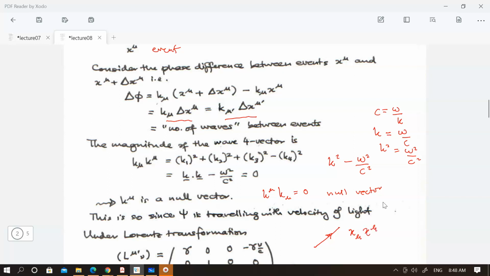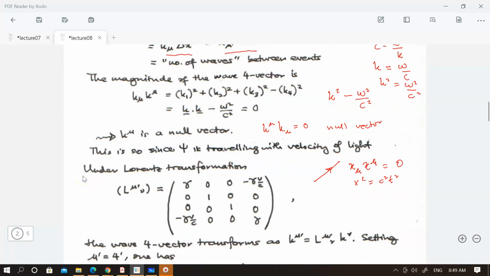Then h mu has to be equal to 0, because h squared equals c squared t squared. So in a way this makes sense. Your k mu being 0 corresponds to these light rays forming this position squared equals c squared t squared. I hope that makes sense.